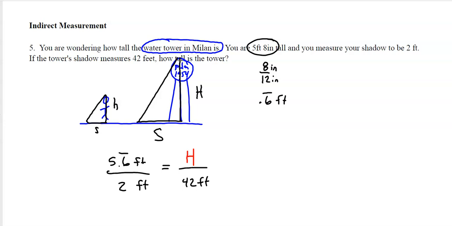So again, this is a proportion we can cross multiply. 2h equals, I got to do 42 times 5.6 repeating. 42 times 5.66 equals 237 point, a whole bunch of nines. Let's just call it 238. And divide. Looks like we're roughly at about 119 feet.